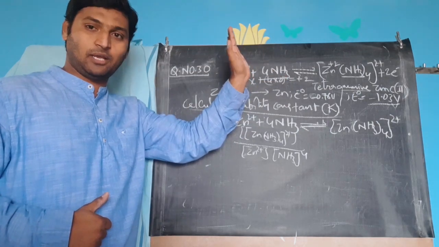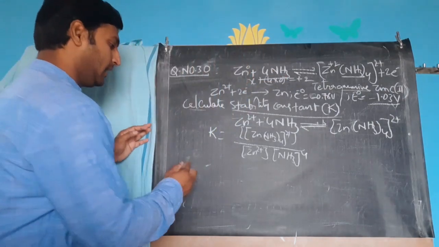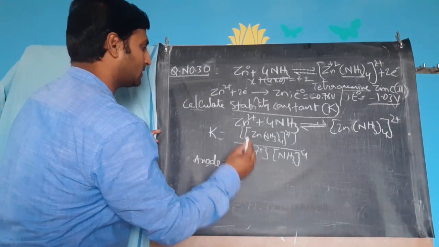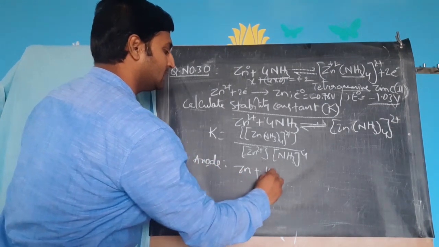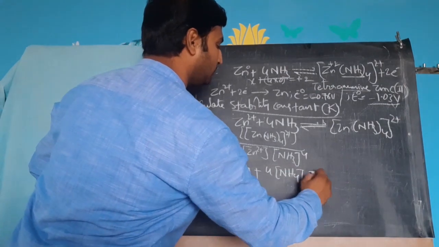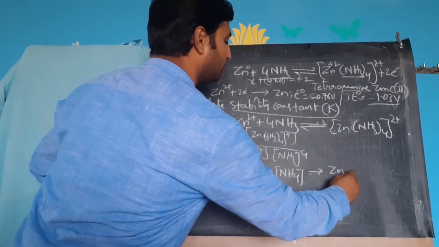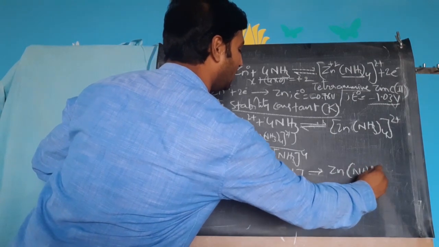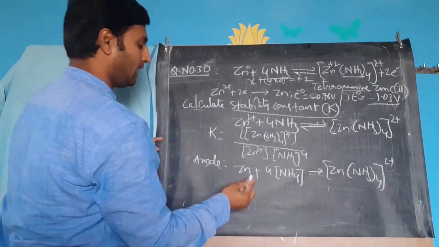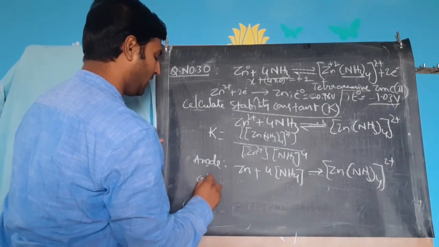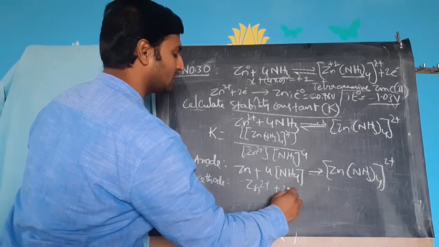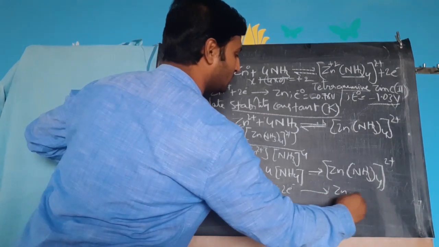So exactly the same equations are given. Let us write that. So the anodic reaction or oxidation half reaction is zinc plus 4 moles of ammonia giving rise to tetraammine zinc 2 complex. Similarly, the cathodic reaction or reduction reaction is zinc 2 plus gaining 2 electrons giving rise to zinc.